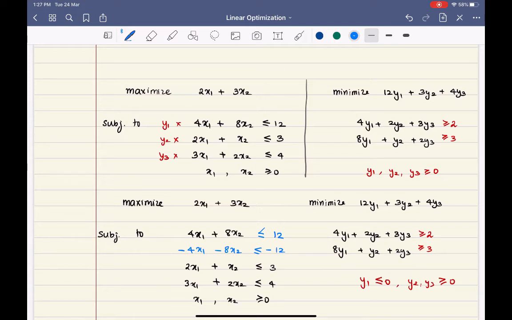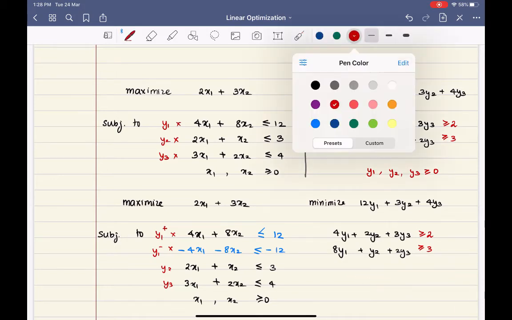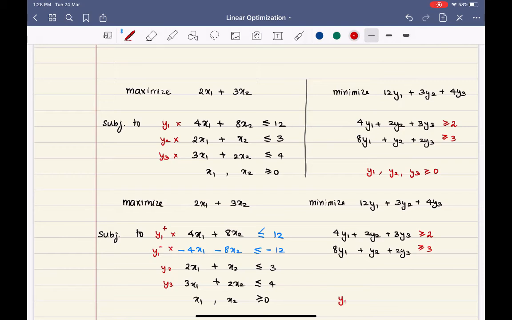Now we have 4 constraints and we will multiply with, let's call it y1 plus, y1 minus, y2 and y3. On the dual side we will now have y1 plus, y1 minus, y2, y3, all bigger than or equal to 0.